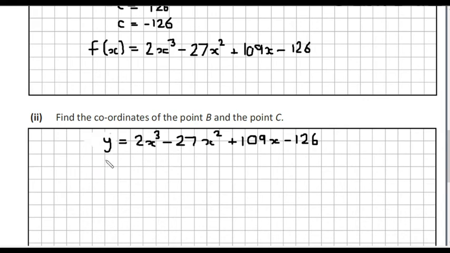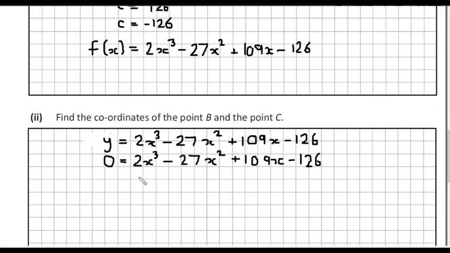So the equation we want to solve here is this: 0 is equal to 2x cubed minus 27x squared plus 109x minus 126. So we've got a cubic equation to solve.